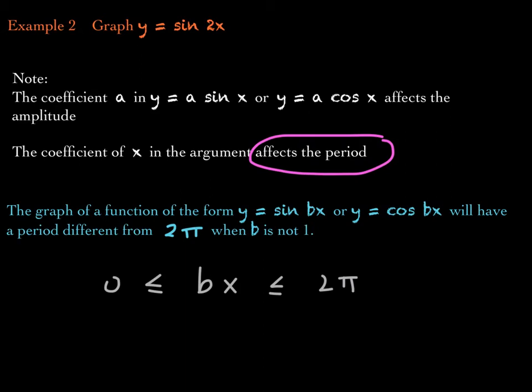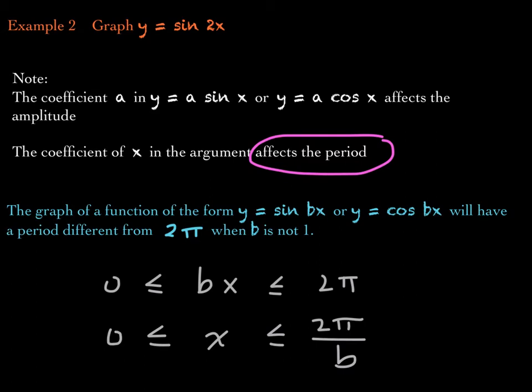Therefore, to find the period of either of these functions, sine or cosine, we must solve this 3-part inequality here. We must allow the argument to run from 0 to 2 pi in order to take on all the possible values for these functions. So if we solve for x by dividing both sides by b, 0 divided by b is just 0, bx divided by b is just x, and 2 pi divided by b is 2 pi over b.